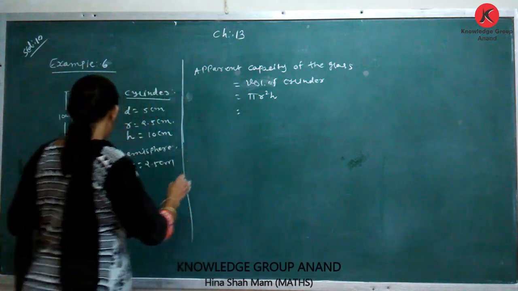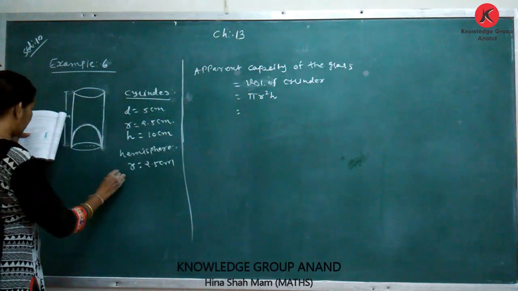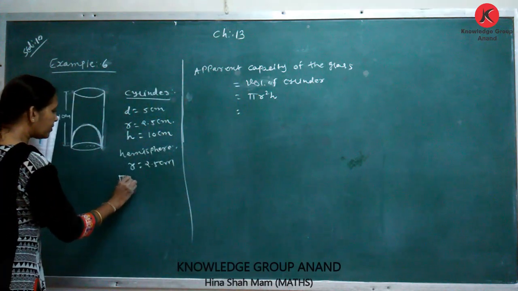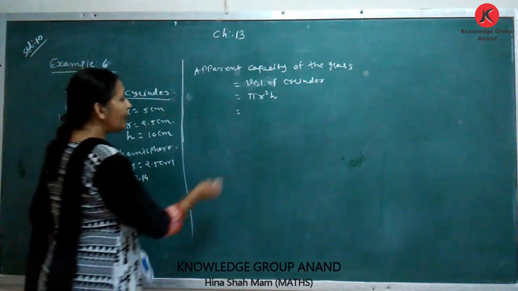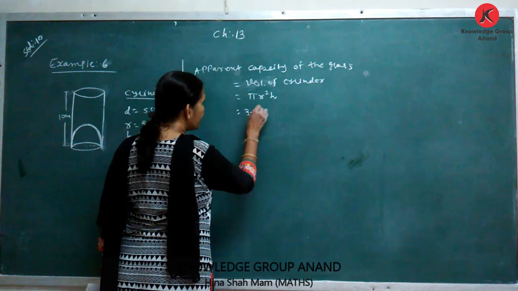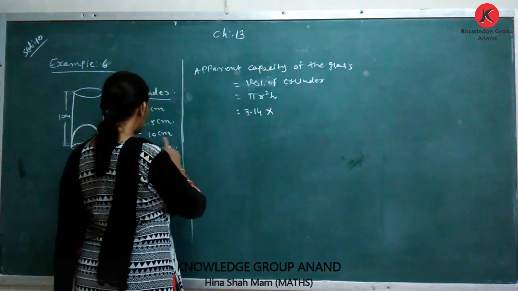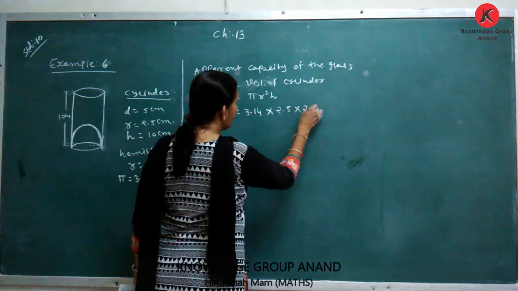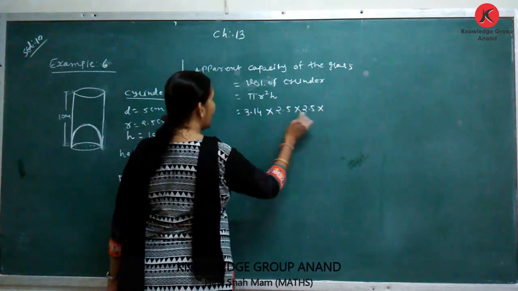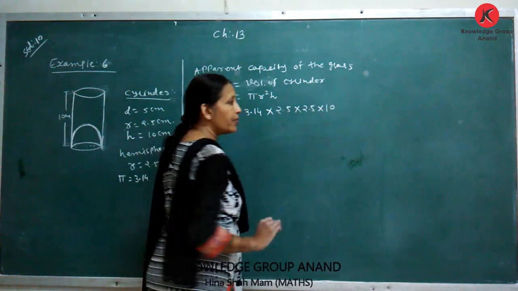Then we write, in the question, pi is equal to 3.14. Pi is equal to 3.14 into r square. R square is equal to 2.5 multiply 2.5 and h is equal to 10.